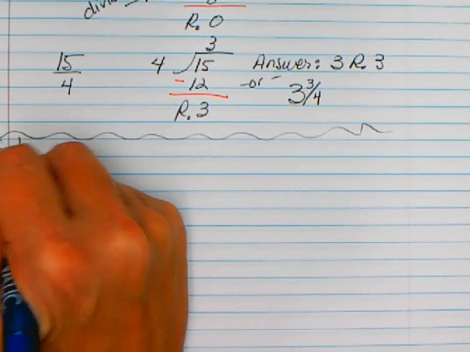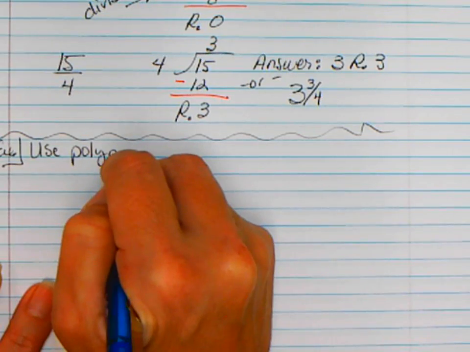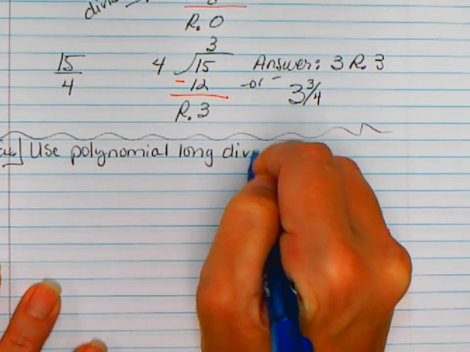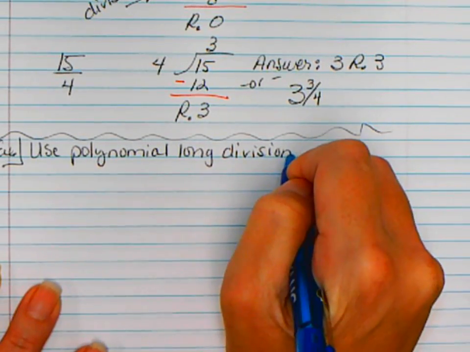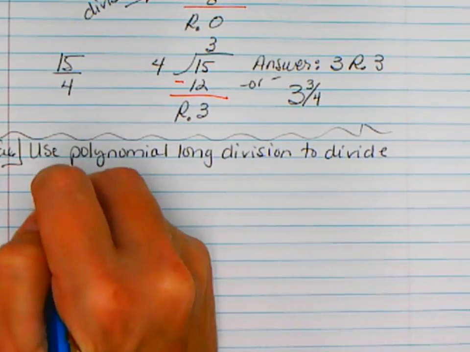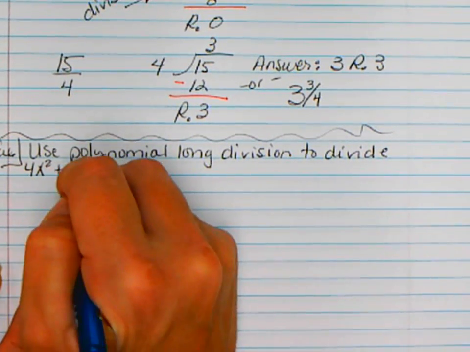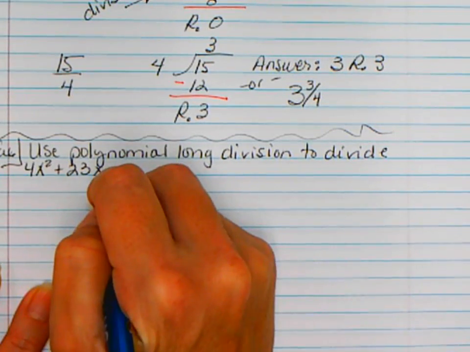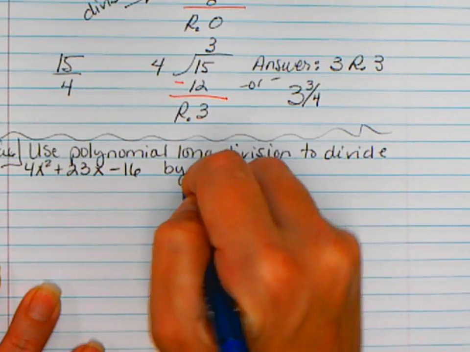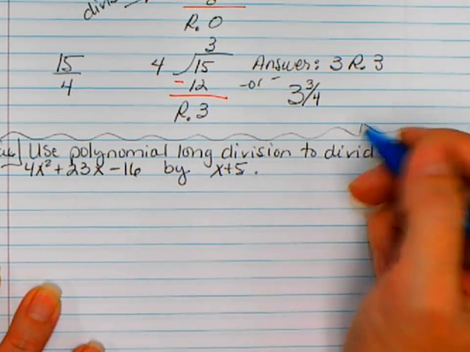Directions say, use polynomial long division to divide 4x squared plus 23x minus 16 by x plus 5. What is the quotient and the remainder?